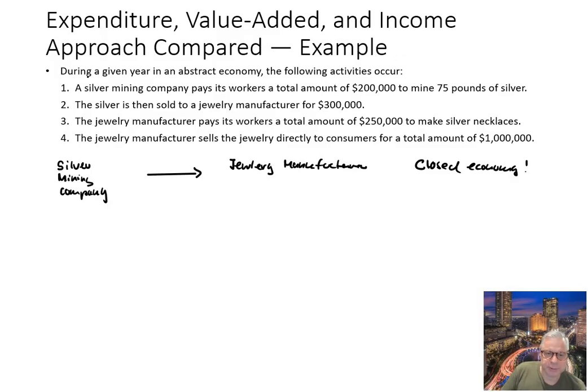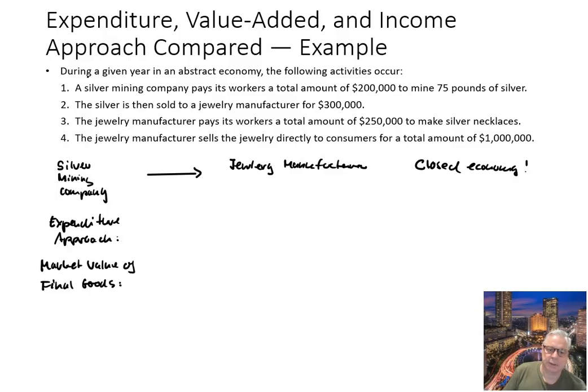So if you use the expenditure approach, then we can say that the market value of all final goods is equal to 1 million.